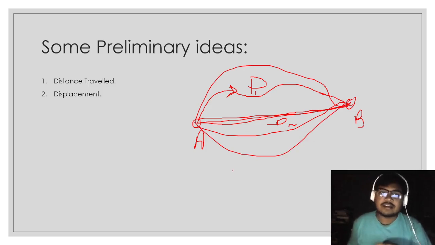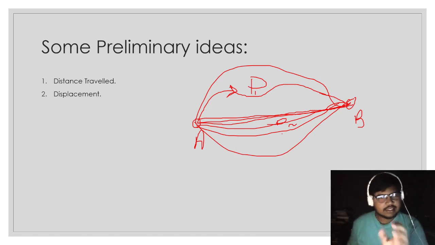Every time the distance traveled will be different, or we can go through the straight line also, that is also a distance traveled. But displacement for two certain points is always constant. It's always the smallest path joining them. I think the idea is clear about distance traveled and displacement.